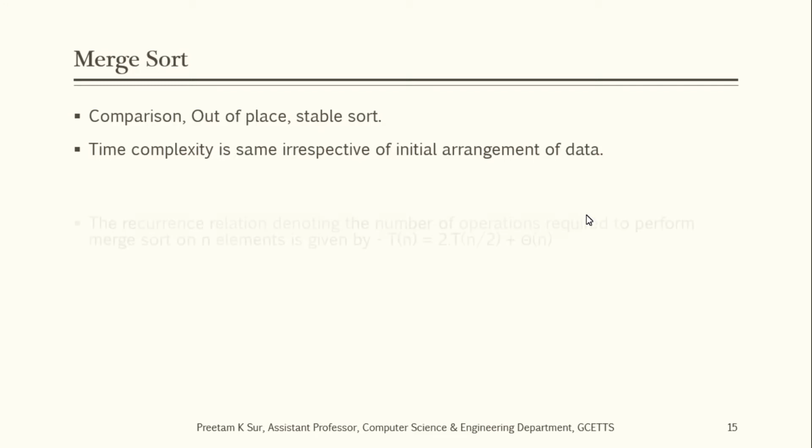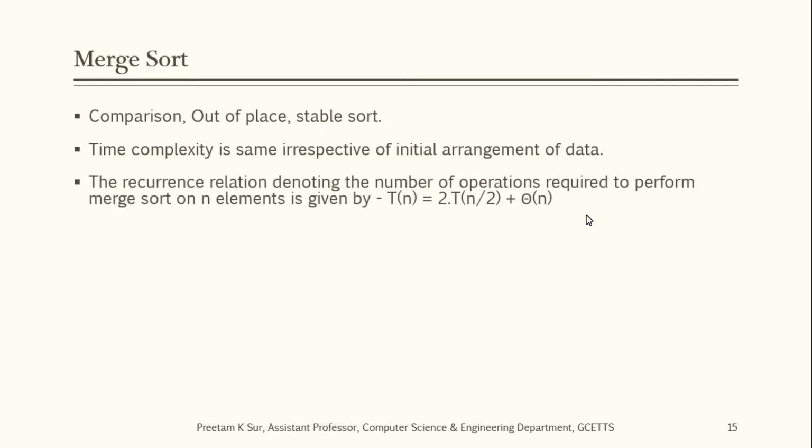Now, since merge sort is a divide and conquer algorithm, we can have a recurrence relation that will denote the number of operations required to perform merge sort on n elements. And that recurrence relation is given by this one: T(n) = 2T(n/2) + theta(n).